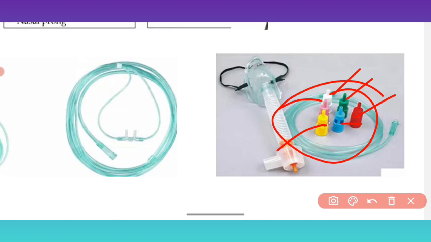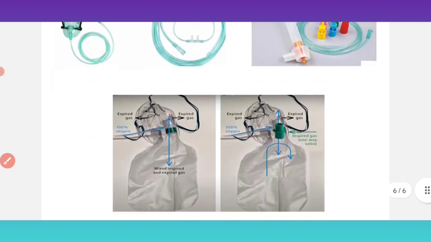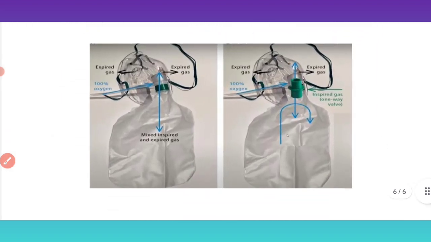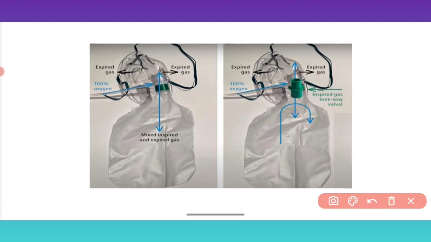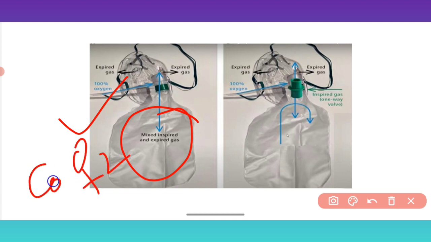Okay, fine. And the next one, here you can see the rebreathable mask and non-rebreathable mask. Related to this, many times they have asked questions. So rebreathable mask, non-rebreathable mask, what is the difference between these two? Here this first image is rebreathable. In rebreathable, a mixture of gas will be present, that is oxygen plus carbon dioxide.